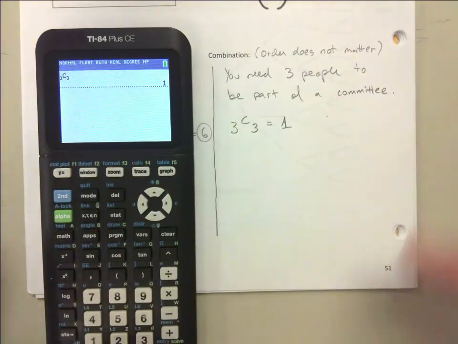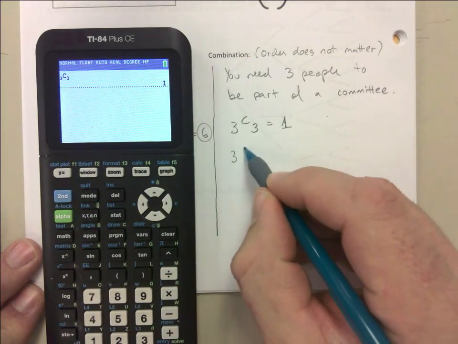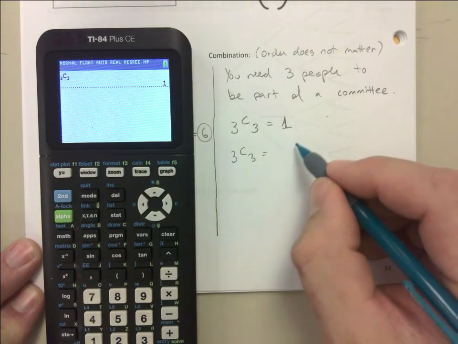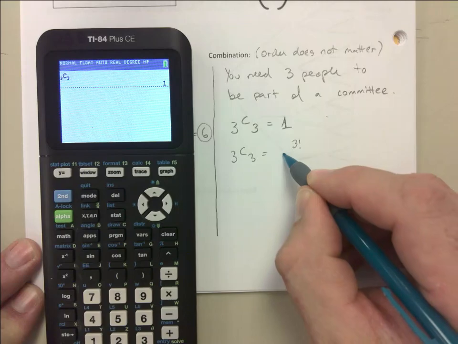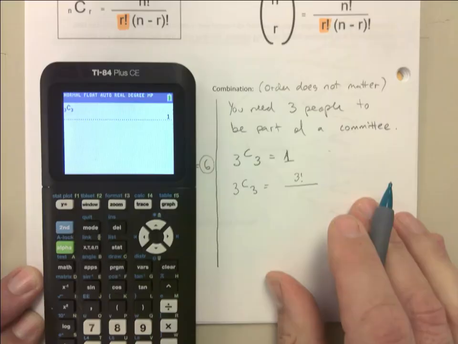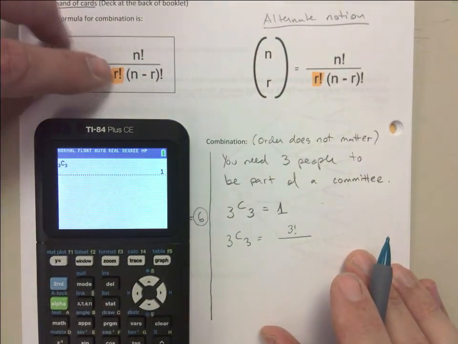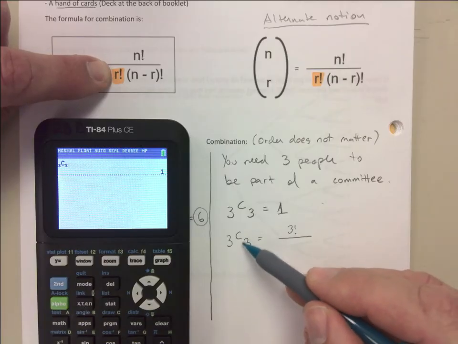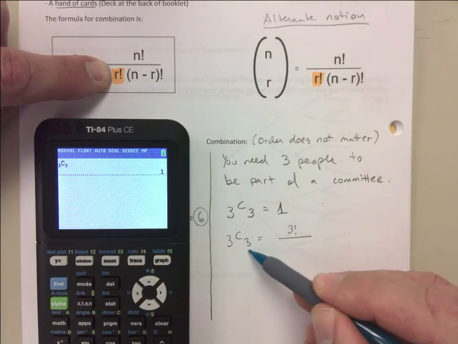Let's use the formula real quick. 3C3 would be, this is n, right? It calls for n factorial over, what does it call for next? Where's the formula? The one in orange, that's r factorial, right? What is r for us here? It's this number, which happens to be 3 as well.